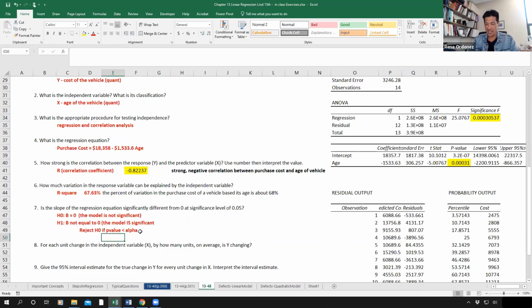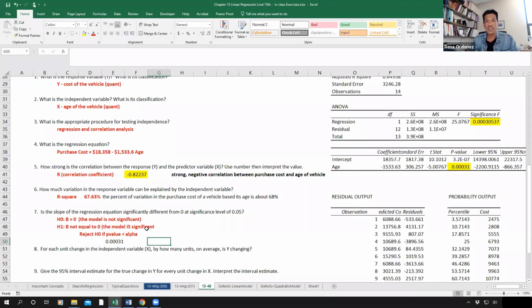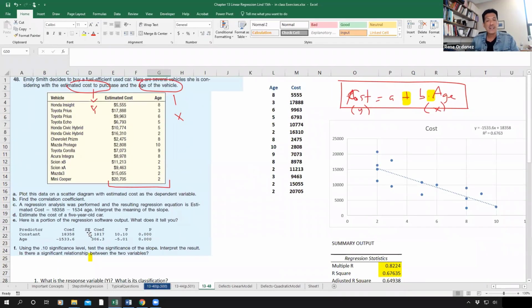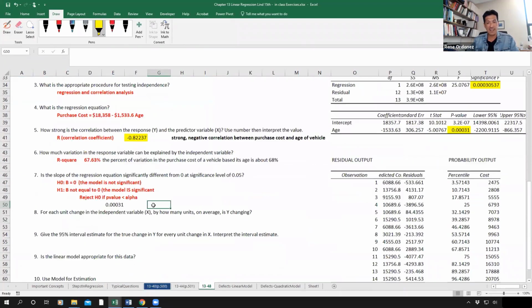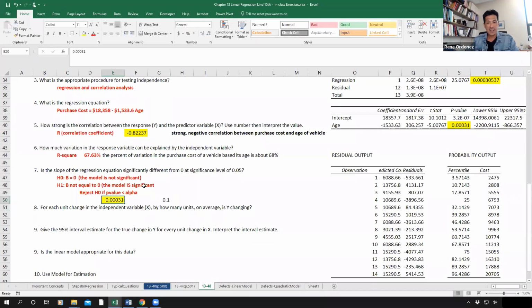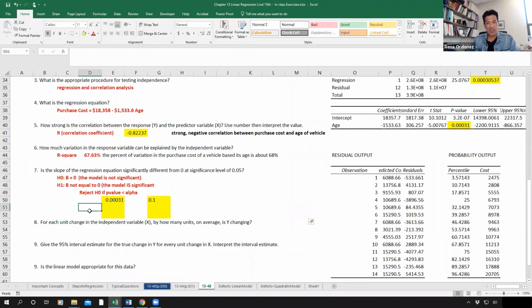The p-value is 0.00031, and even if we set the alpha at 0.01, you will still reject the null hypothesis. This problem does not give us the significance level, but based on this number compared to this number, we will conclude reject the null hypothesis.